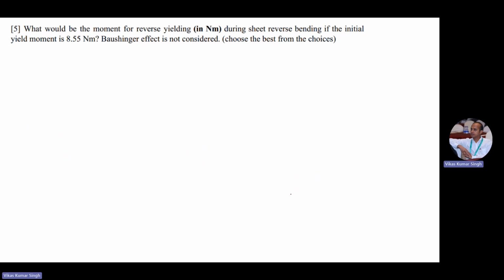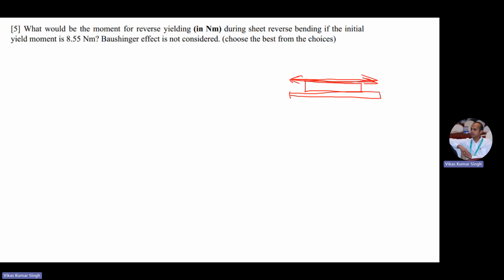Choose the best. So here, the Bauschinger effect, you might know that when we have a reversal stress, like one is going in the positive direction, suppose you have a sheet here and you are applying a force in this direction and then reversing it, going in this direction, coming back.